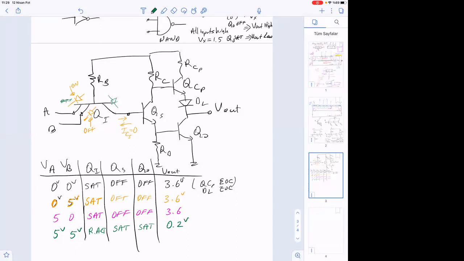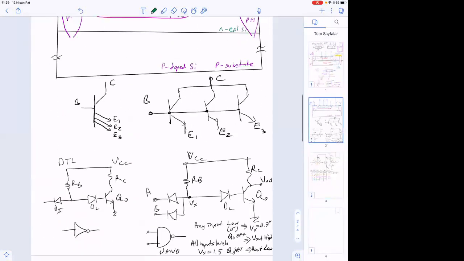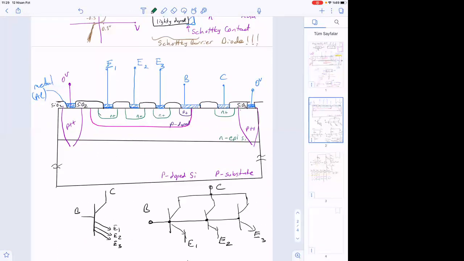Does it make sense? Yes. Okay. So just by adding one more diffusion region, we are able to implement a NAND gate.